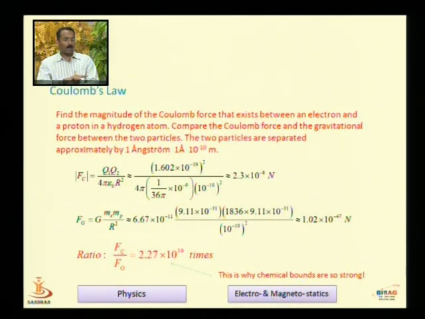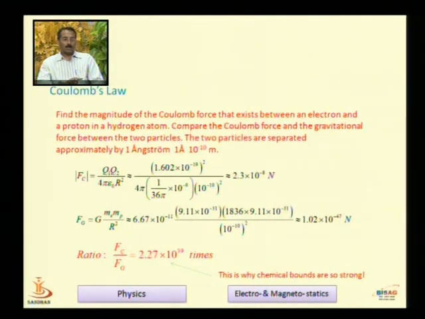Now if you find the ratio, that is Coulomb force divided by gravitational force, you can see that the Coulomb force is almost 10 to the power 39 times stronger than the gravitational force. So you can imagine how strong the Coulomb force is compared to gravitational force.